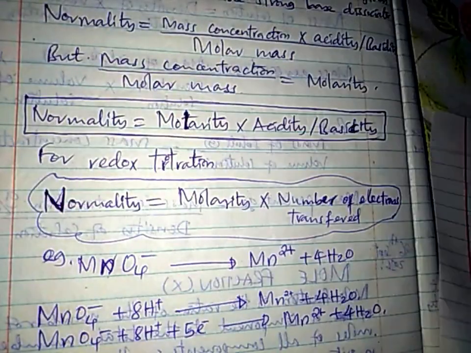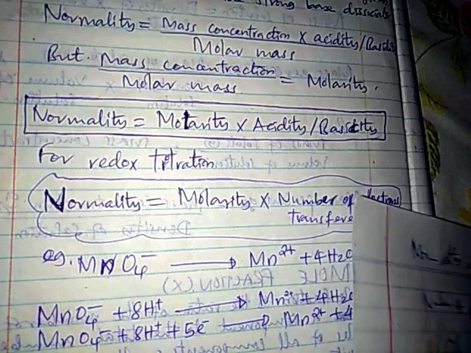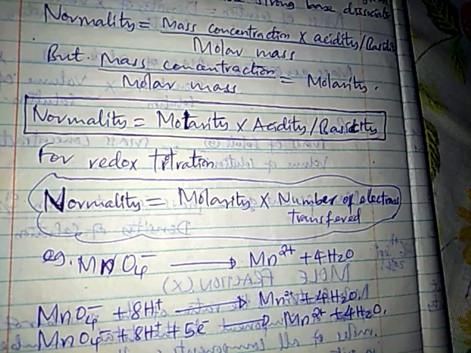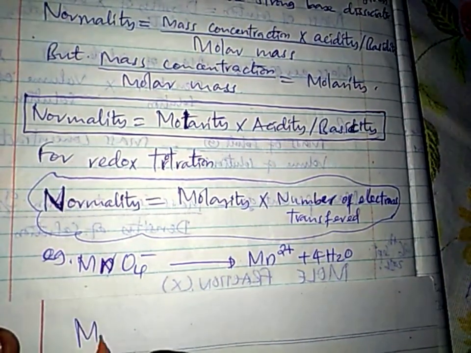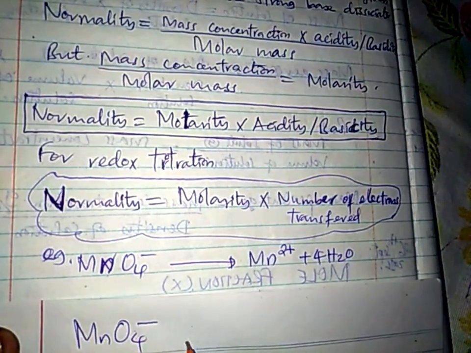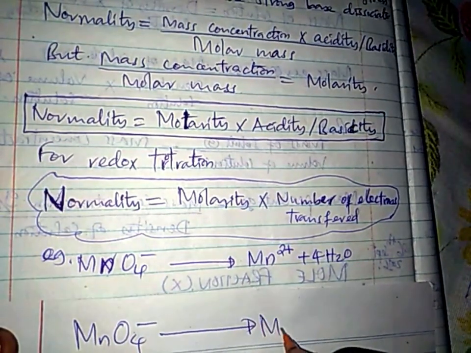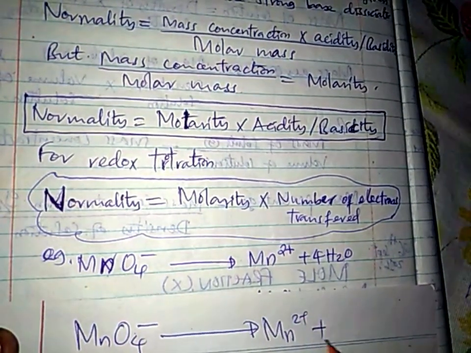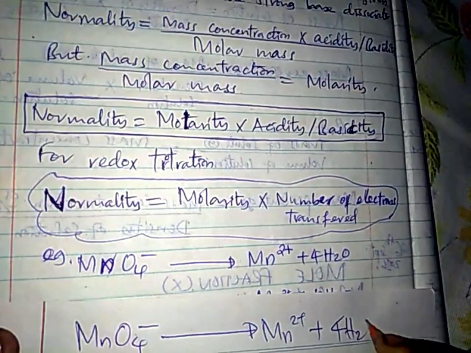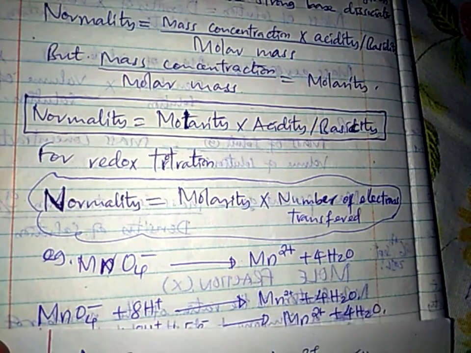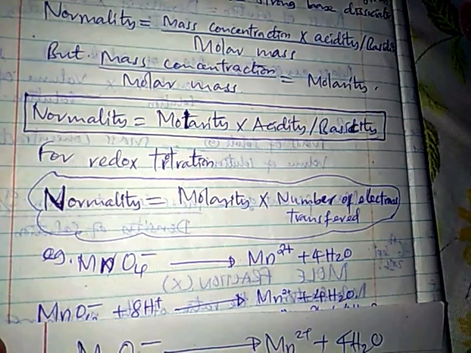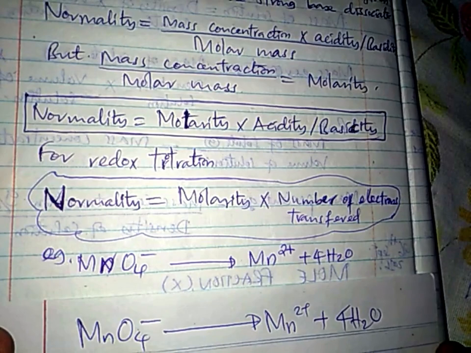Kivipi? Kwa mfano, a redox reaction involving the manganese, tutakuwa na manganese O4 ile pale ameenda kutengeneza nini? Manganese pale 2 positive plus 4 H2O. How many electrons have been transferred? Hapo inabidi balance a chemical reaction. Tutaenda kusoma vizuri kwenye electrochemistry, lakini unatakiwa balance chemical reaction.